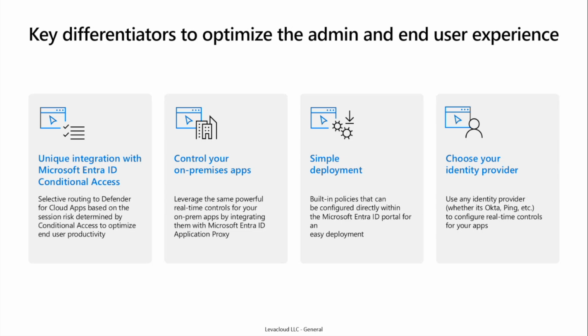So for example, let's say that I'm generally okay with folks going to Salesforce from a personal device, but I don't want them to have the ability to download documents from it. With these tools, a user can do that from their unmanaged device, and because the traffic's getting routed through, or redirected through, Defender for Cloud Apps, it'll block them from downloading.